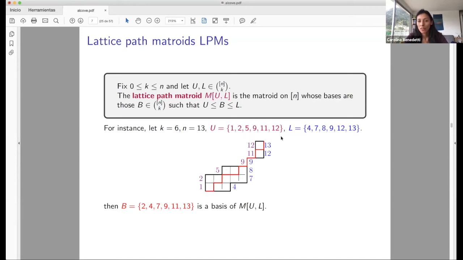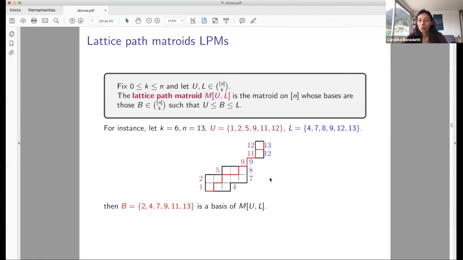The upper path just tells me the sequence of north steps I take to go from southwest to northeast, and the lower path tells me the same. The bases of my lattice path matroid will be all the paths that I can draw in between. So for instance, if I consider this subset of size 6, it corresponds precisely to the north steps of this red path that I have drawn here. And any basis of this lattice path matroid arises this way, okay?